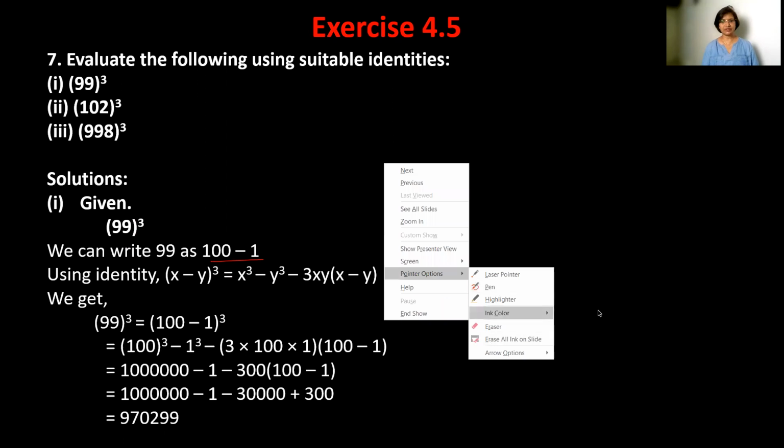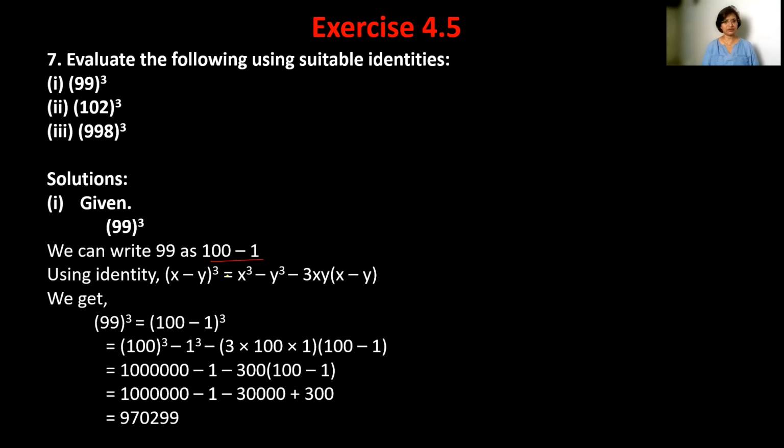We can use (x minus y) whole cube equals x cube minus y cube minus 3xy into (x minus y). So we write this as 100 whole cube minus 1 whole cube minus 3 into 100 into 1 into (100 minus 1).